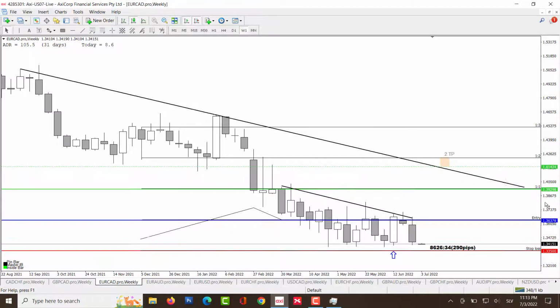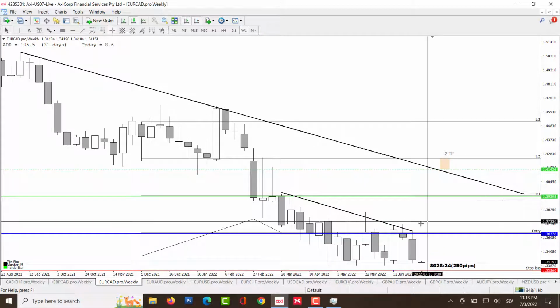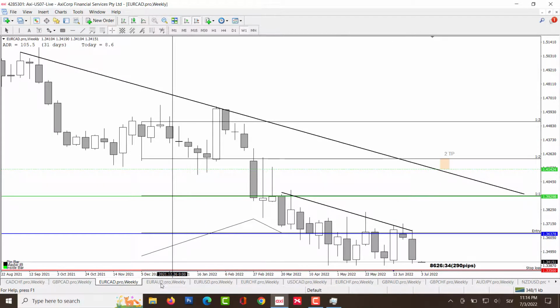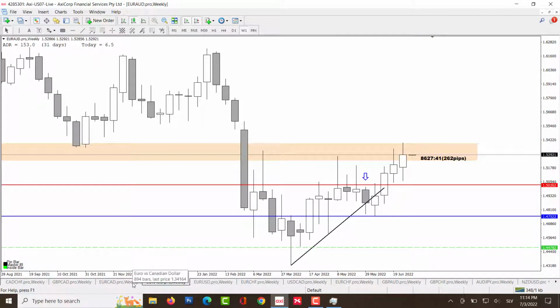Even if I would enter with a buy stop order above this swing high, maybe I wouldn't be in that trade, but I would put it around right here. It depends on the spread. But this is how it is.